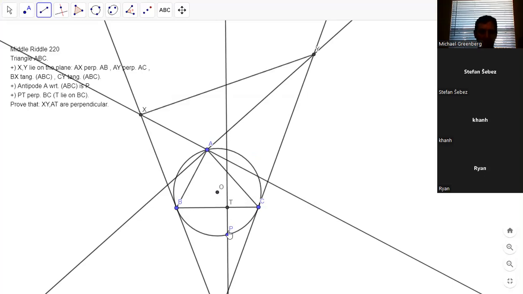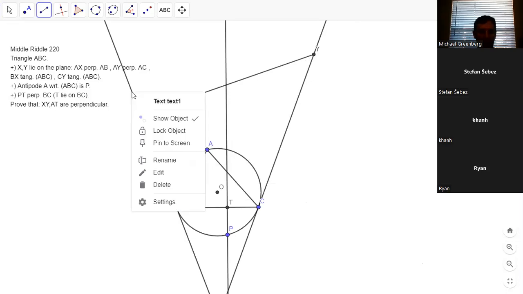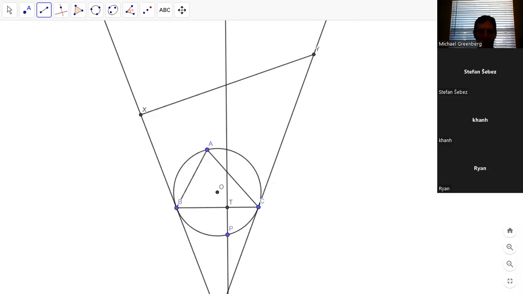And hide a couple things. Oops, didn't want to hide that.